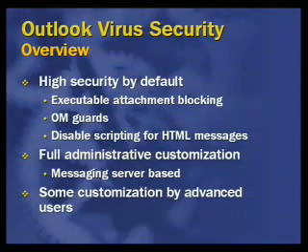So what are the changes that we've made to Outlook to address virus security? Our approach is to provide a high level of security by default. We block executable attachments. We guard against object model or programmatic access to email addresses and also for sending mail.